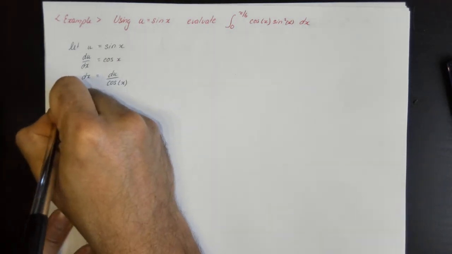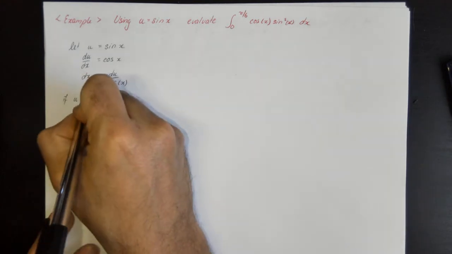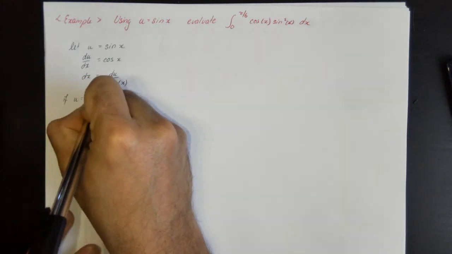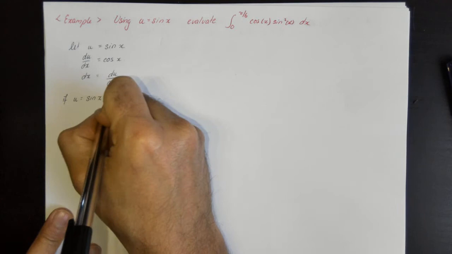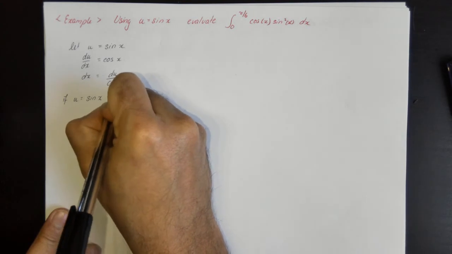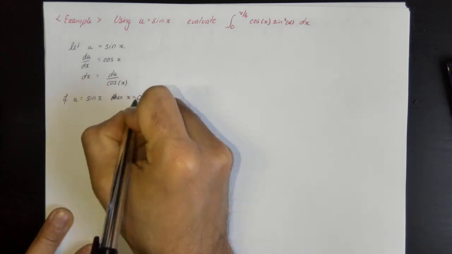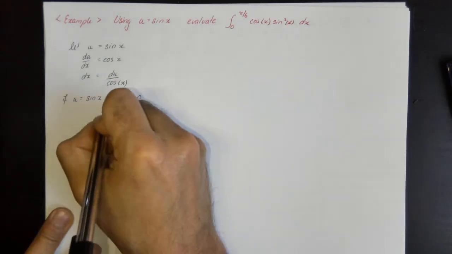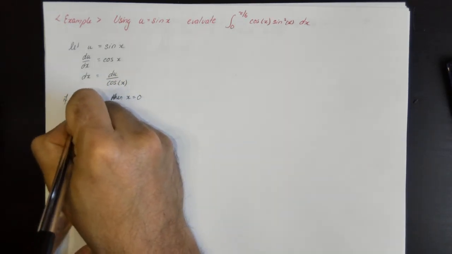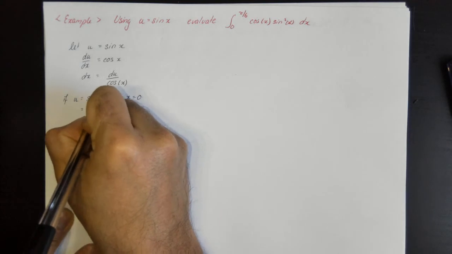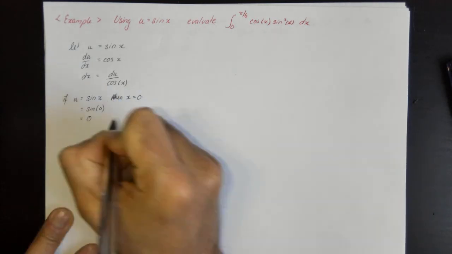So here we go. If u equals sine x, when x equals 0, we get sine 0, which would be 0.